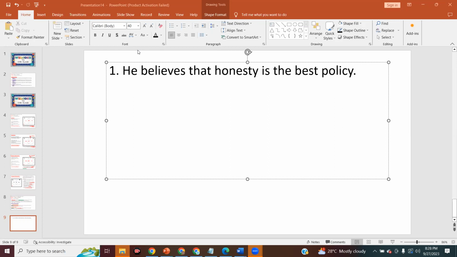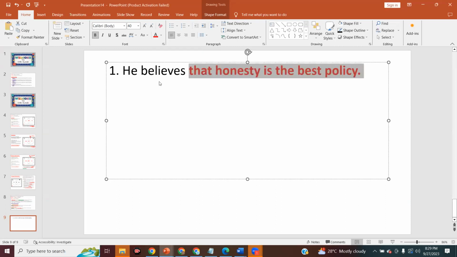Believes. Very good. And what is the noun clause? That honesty is the best policy. Very good. You all are right. It is object of a verb. You got it right.